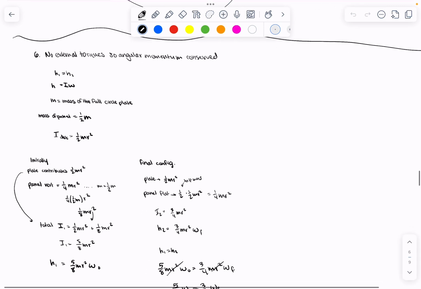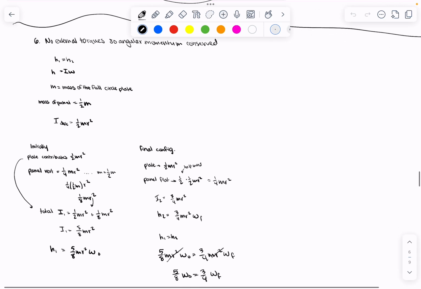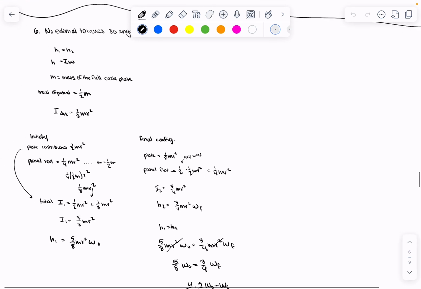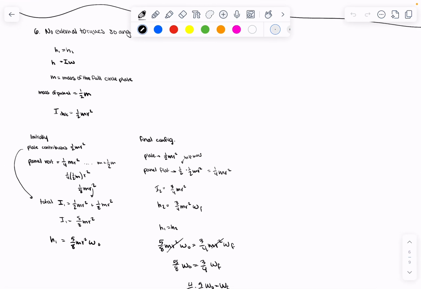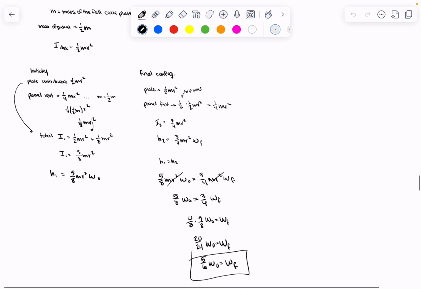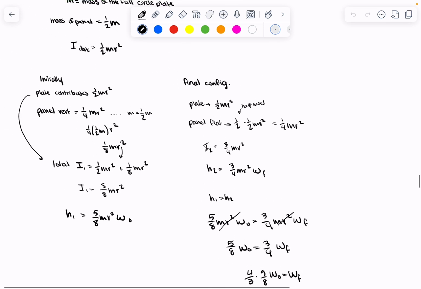Number 6, there's no external torque, so angular momentum is conserved. Angular momentum before is equal to angular momentum after. Initially, the plate contributes 1/2 mr squared to I, and the vertical panel has 1/2 the mass because that's only half the panel, so it contributes 1/8 mr squared.